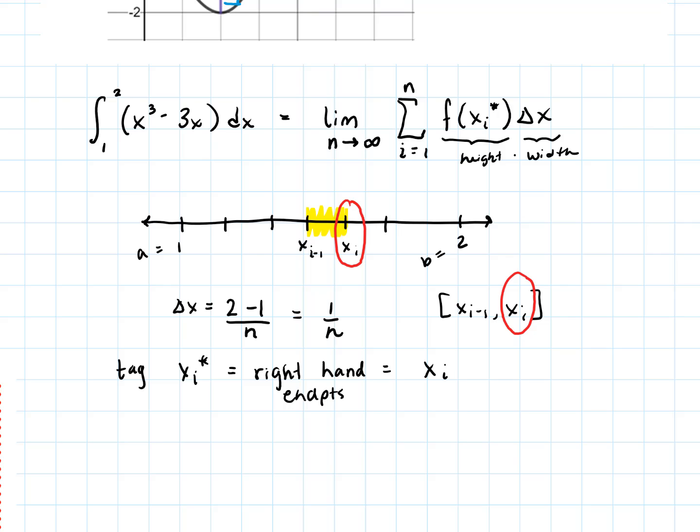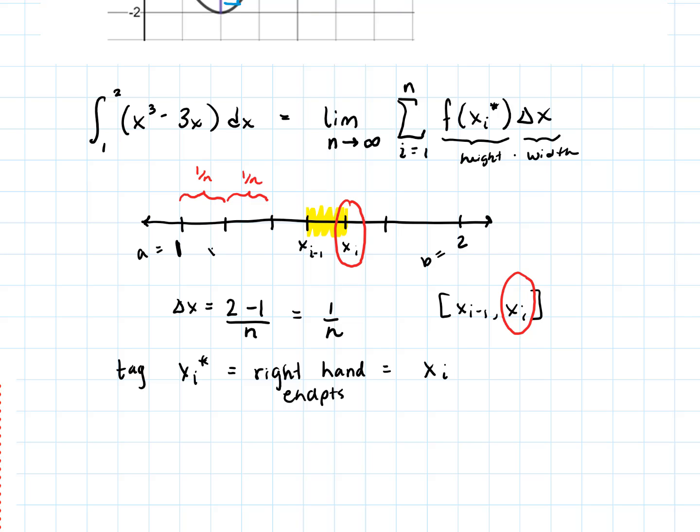So we're going to pick our endpoints to be x sub i, and we can think about how I could express that based on where I started and what delta x is. Remember that delta x we just showed was 1 over n. So each of these widths is 1 over n. Remember this time we didn't start at 0, we started at 1.